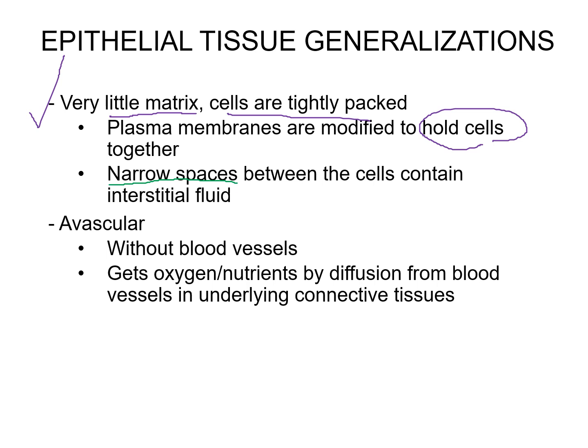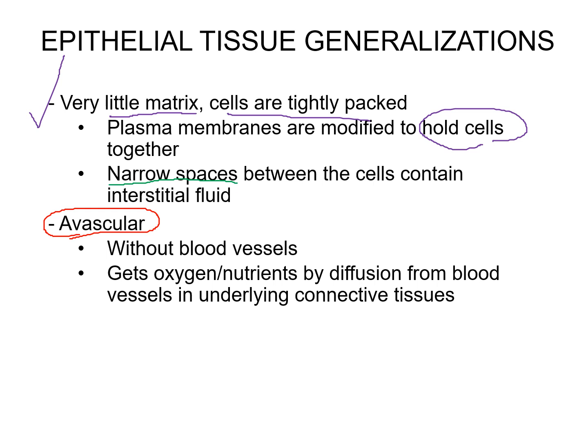Another cool characteristic of epithelial tissue is avascular. So vascular means you have a lot of blood flow. Vascular means blood vessels. But if you put the prefix A in front of most words, that means without.